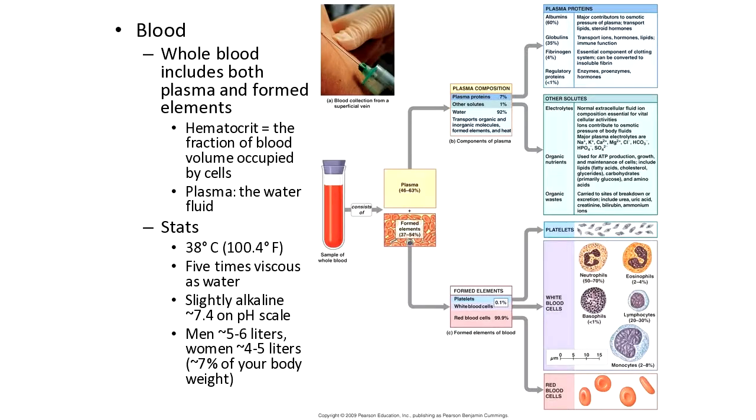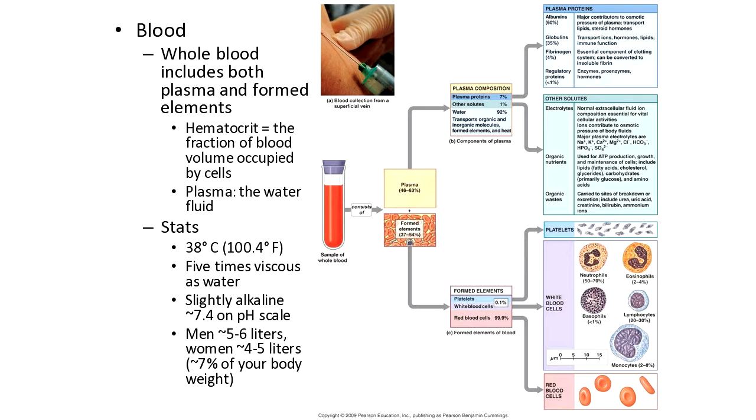Your cells are a lot bigger than your amino acids, which are maybe 3 or 4 carbons and some nitrogens and some oxygens, so small molecules. And so we separate first our whole blood into the plasma versus the formed elements.